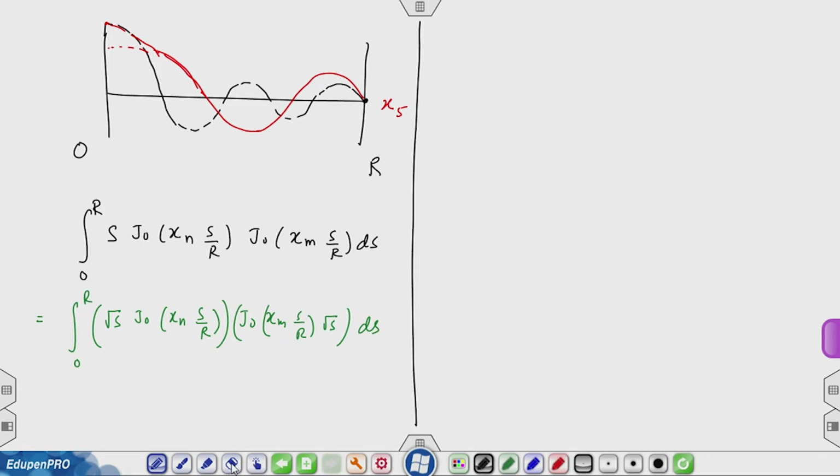So, let me use the proper colors. The black one has x5 here, and the red one has x3 here. Let me now multiply both with the square root of s, and both will become like this. As s increases, the value will also increase, but zeros remain at the same point.